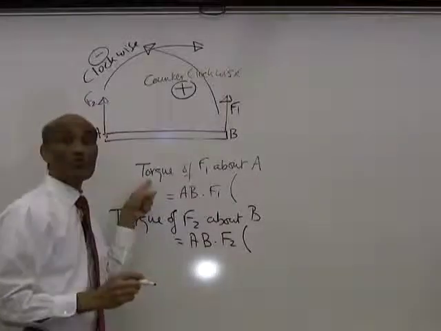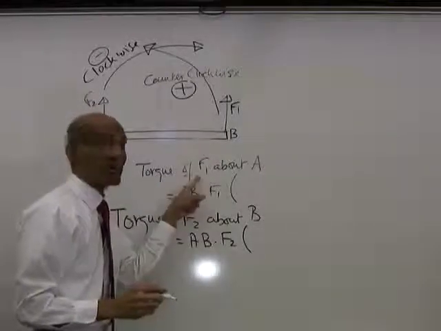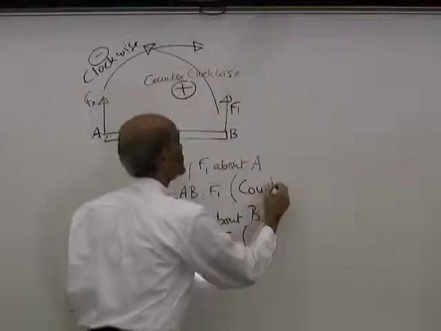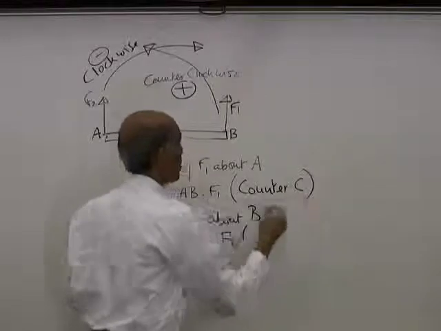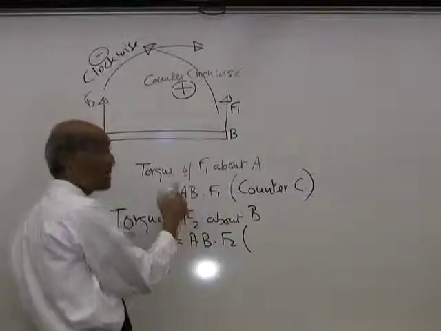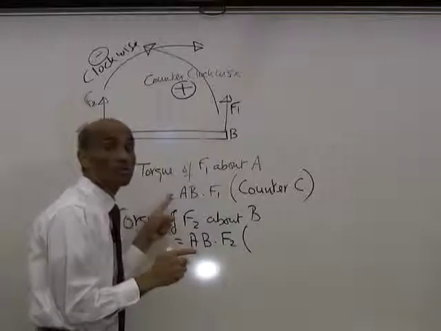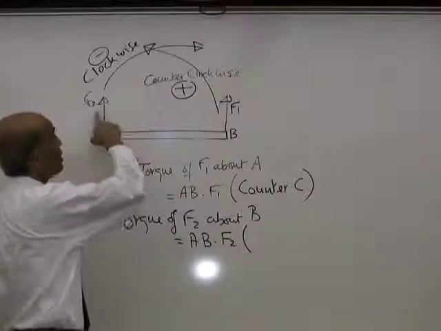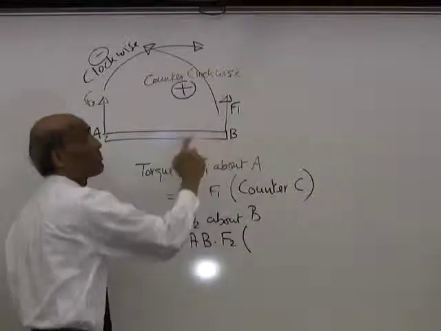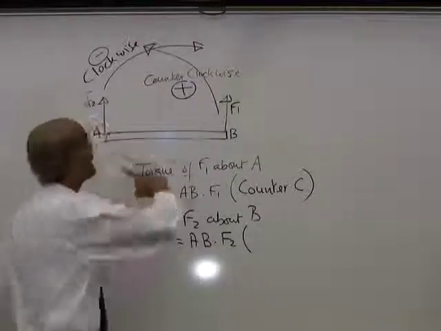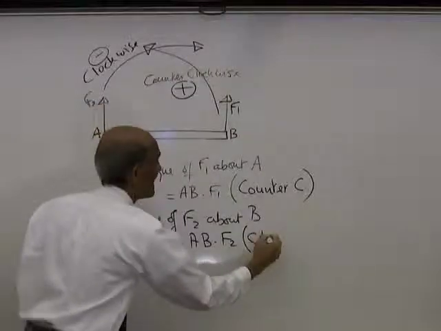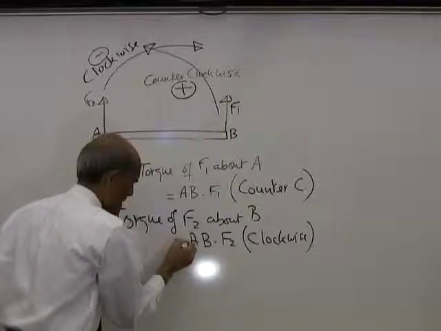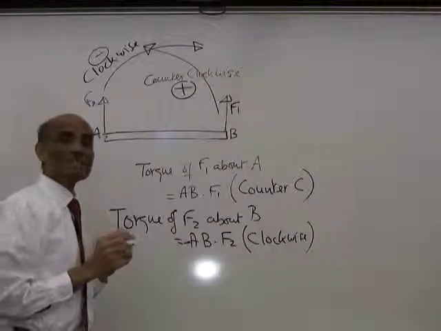So, when you want to write the torque of force F1 about point A, it is a counterclockwise torque. Therefore, it will be positive. If I don't put a sign there, it means it is positive. Whereas the torque of F2 about point B will be a clockwise torque, and that will be negative. So I will now use a negative sign.